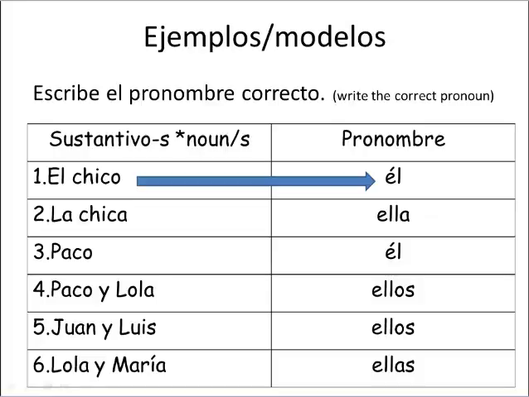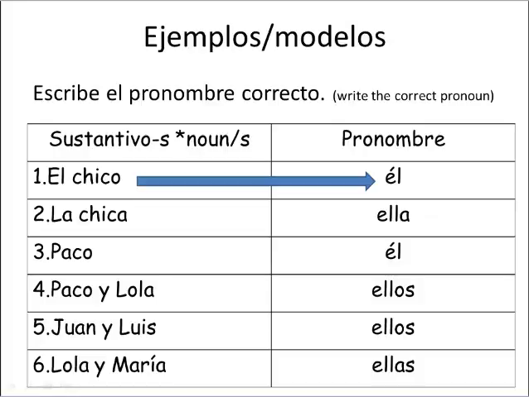Now pay attention that él as a pronoun has the accent mark versus el as a artículo definido, a definite article, which does not have the accent mark, and that's the big difference. And remember that artículos are always attached to an actual noun.